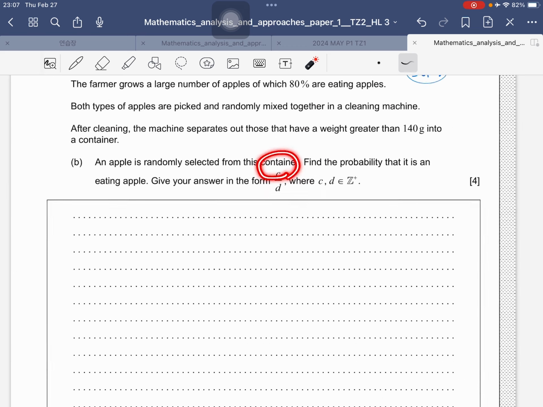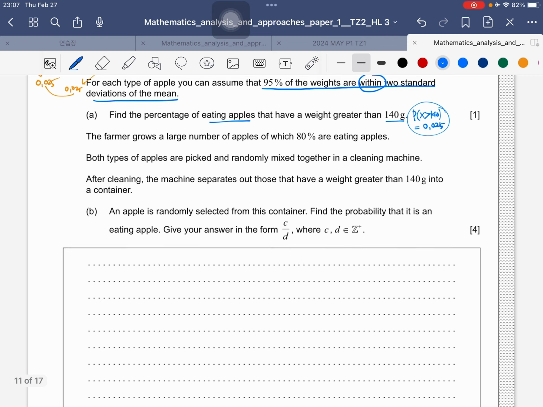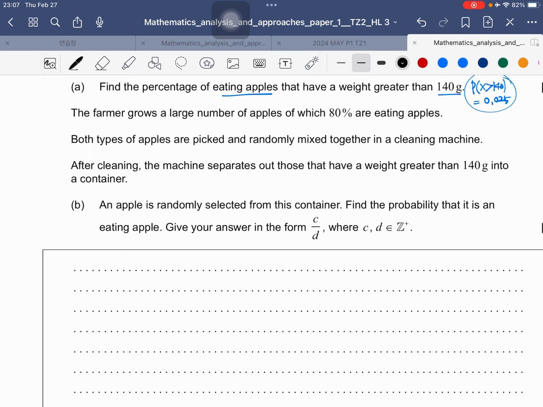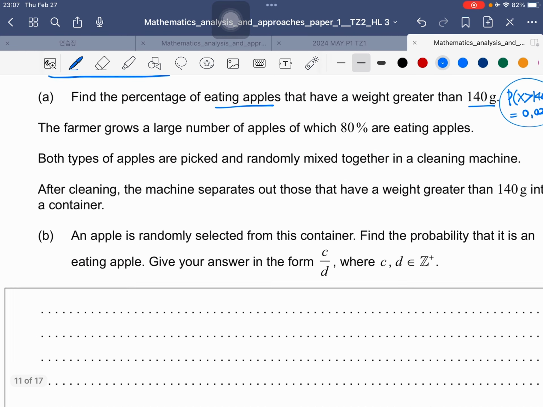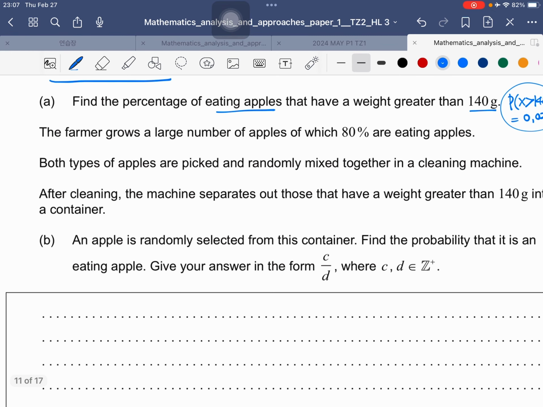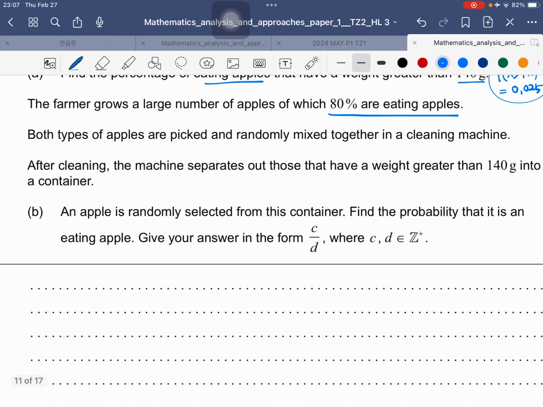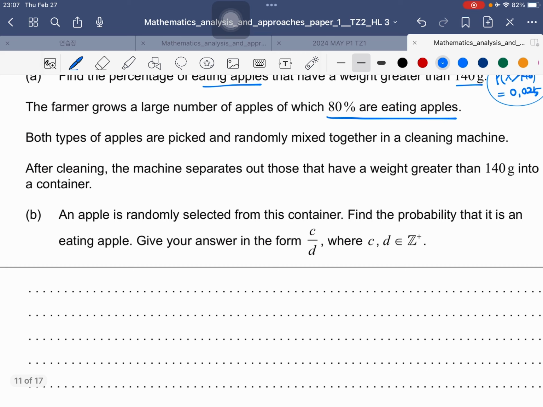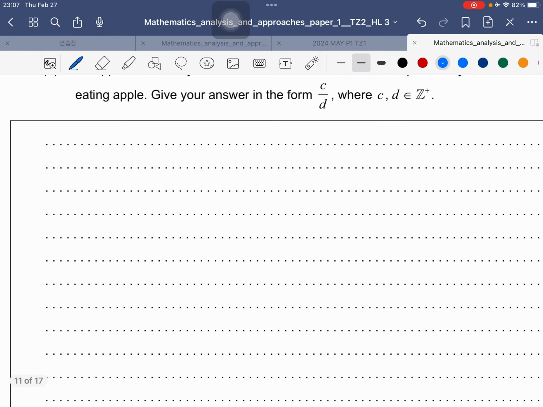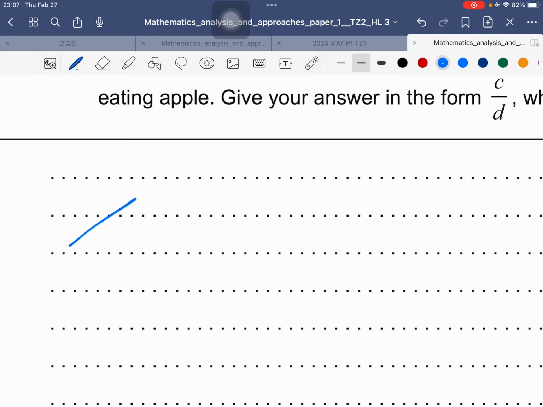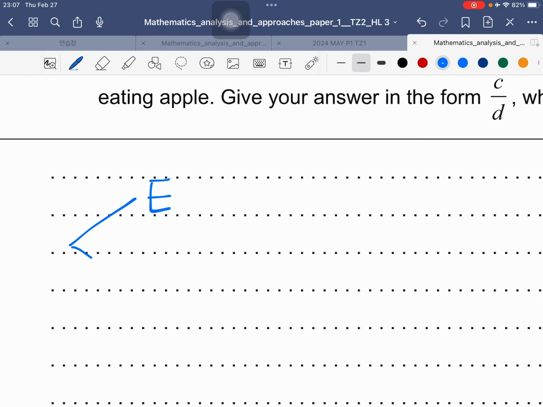Okay. So what we can do is draw a probability diagram. The first clue here is that 80% are eating apple, then mixed together, cleaning machine. After that, weight greater than 140 is put into the container and then randomly selected. So initially the apple can be either eating apple or cooking apple.